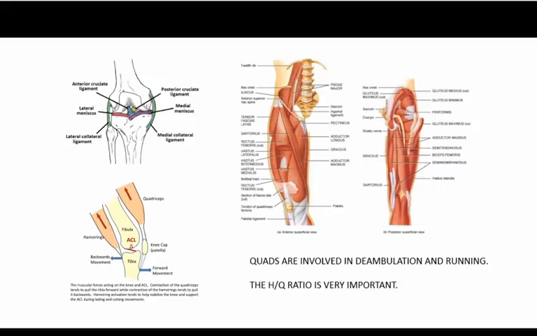So, what is important to know about this joint and about the muscles that are involved in this joint? Basically, the quads are the muscles that we mostly use during our ambulation and also when we run. So they're very important for any of us that do sport.